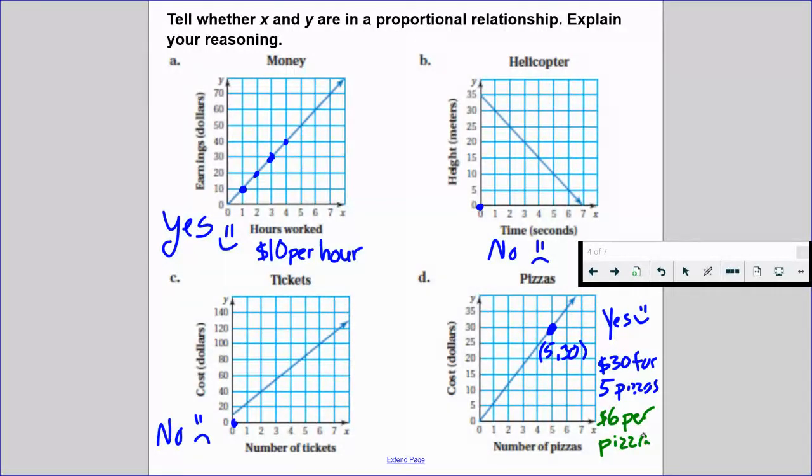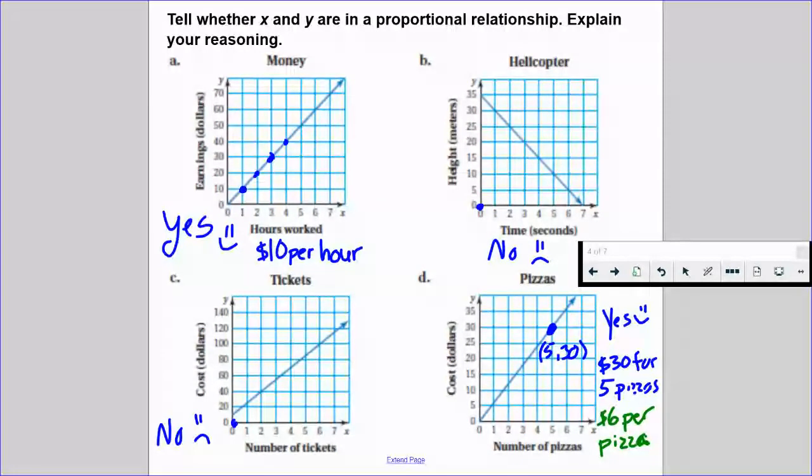So we really paid $6 per pizza. And we were able to figure that out because we saw there was a perfect intersection of the grid and the line at $30 for 5 pizzas, at 5 comma 30, which is 5 pizzas for $30. Well, if we wanted to figure out how much one pizza is, we divided 30 by 5, and we got one pizza was $6.